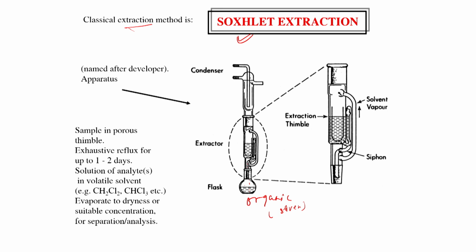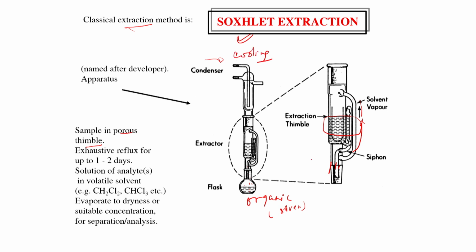When it is heated, it becomes volatile, and you have the sample in a porous thimble; in this thimble you have the sample, okay. When you heat this, the solvent vapor comes up from here and goes like this, and on the top you have a condenser. Condenser means basically you are doing cooling.